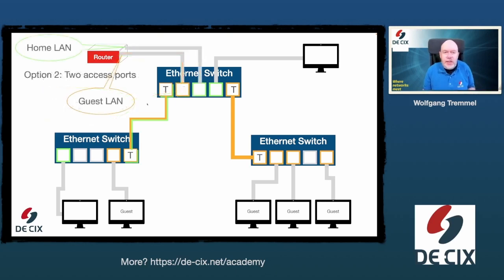Now, not each consumer device can do that. So the other option is to have two physical interfaces on the router and have two access ports on the attached switch. So we're running two access ports to the router, one for the home VLAN and one for the guest VLAN. And that's how consumer routers often do that.